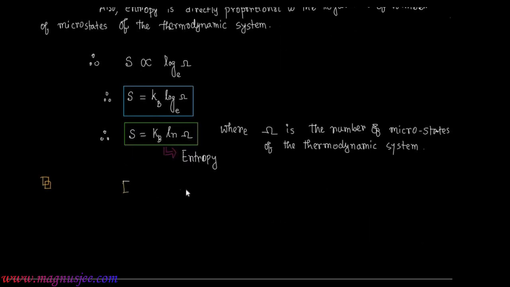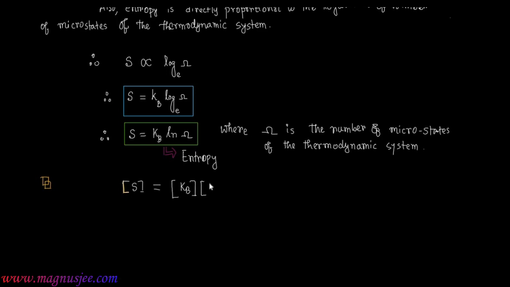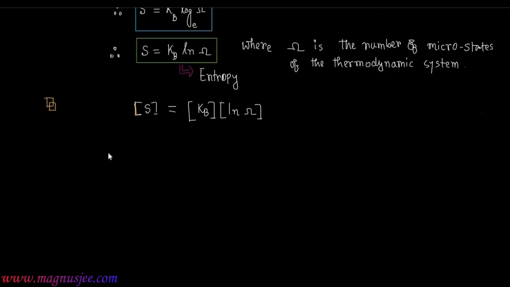Now we can find the dimension of entropy S. Dimension of S is equal to dimension of Boltzmann constant kB and dimension of ln omega, which is dimension of kB into 1. Here the number of microstates, omega, has no dimension.